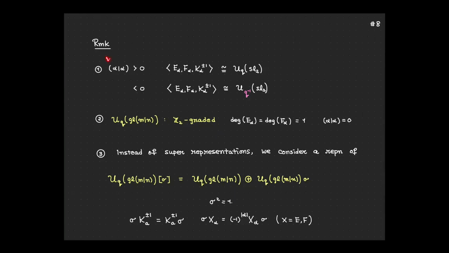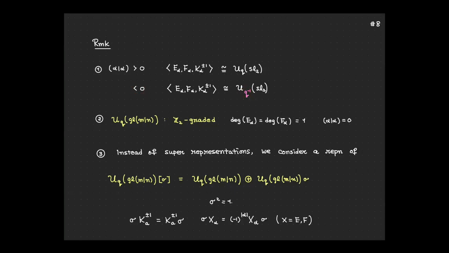For each even simple root, we can think of a U_q(sl2) triple. For the positive norm, it is the same as the usual one. For the negative norm, in the case of a negative simple root, if we look at the defining relation, then it is isomorphic to U_q(sl2), but in this case the parameter is replaced by q^{-1}. That's the difference.